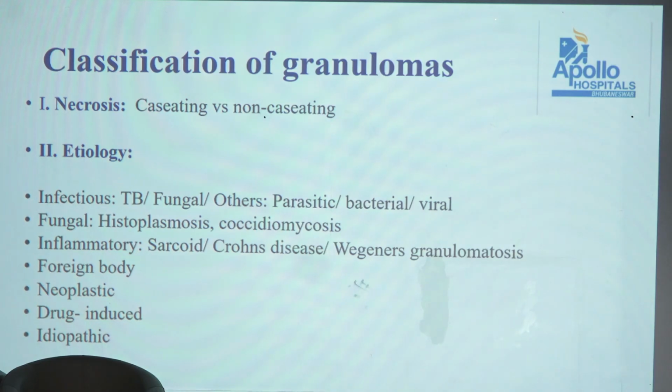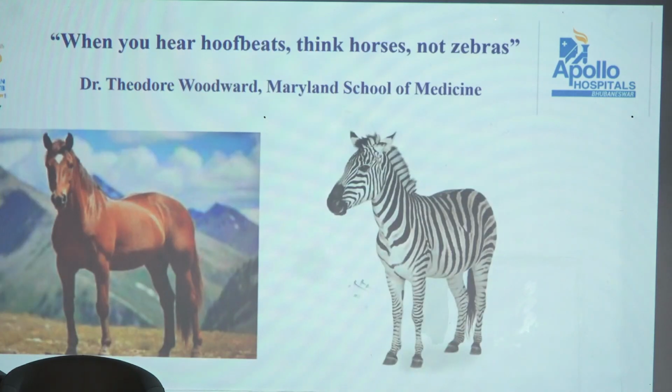Inflammatory causes such as sarcoid, Crohn's disease, Wegener's granulomatosis. It can be a foreign body granuloma. For example, post-surgery, when you have a suture that remains, that gets incorporated into a granuloma. Certain diseases and certain tumors can be associated with granulomas, like lymphomas. Granulomas can be drug-induced, and finally there's a group in which we do not know what the cause is.